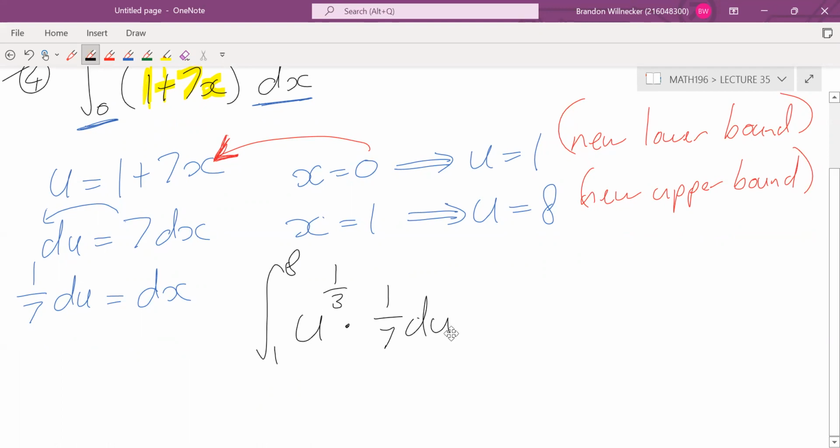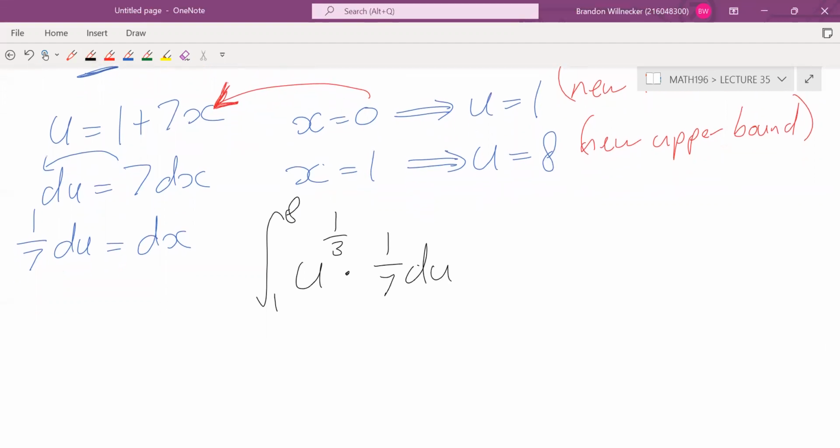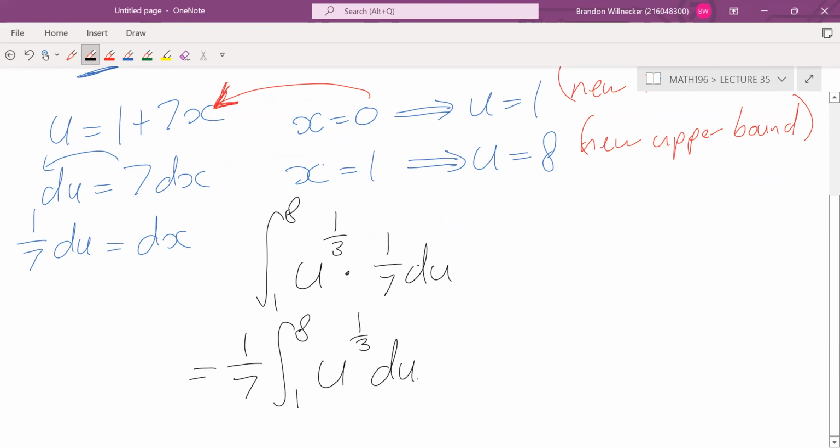Okay, so I've just looked at what was there previously, and I've made the substitutions. Okay, so now we can take this 1 over 7 out. So we have 1 over 7, the integral from 1 to 8, u to the 1/3 du.